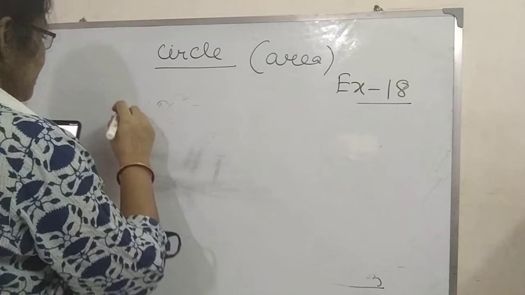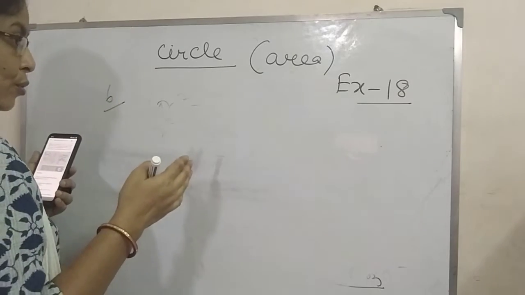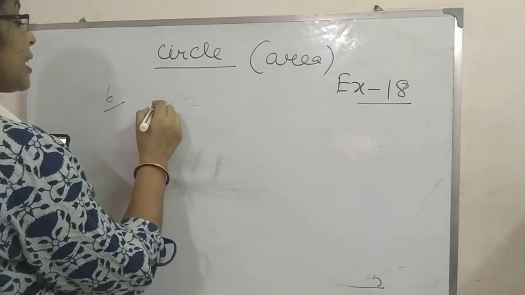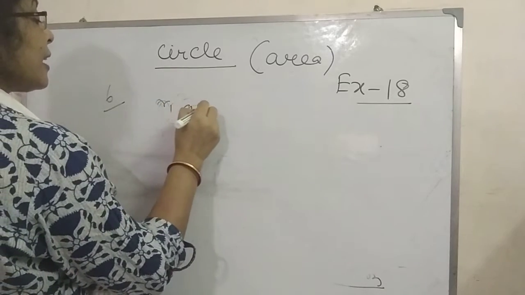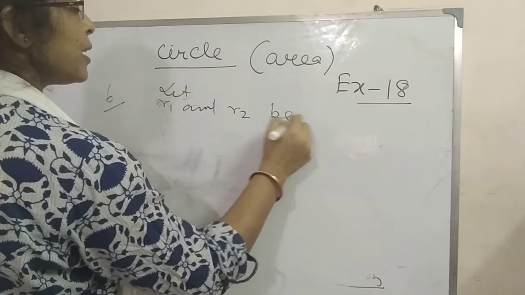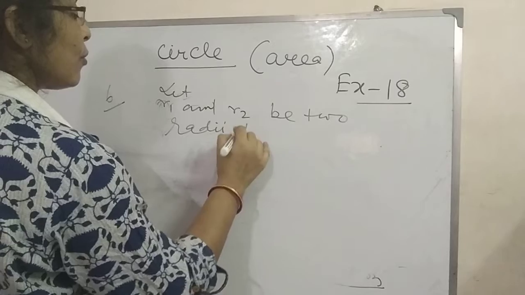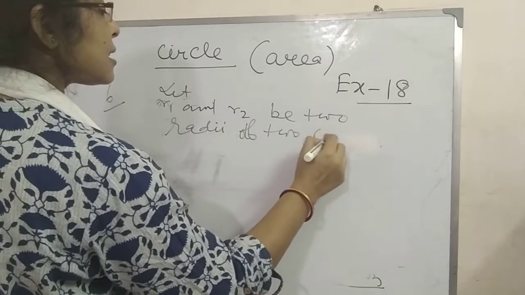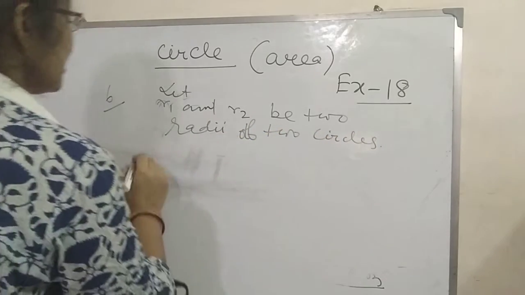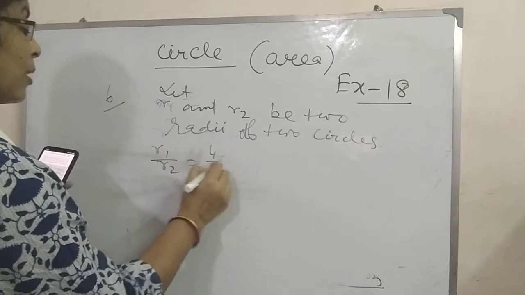Here, let R1 and R2 be the two radii of the two circles. Here it is given R1 by R2 equals 4 by 5.